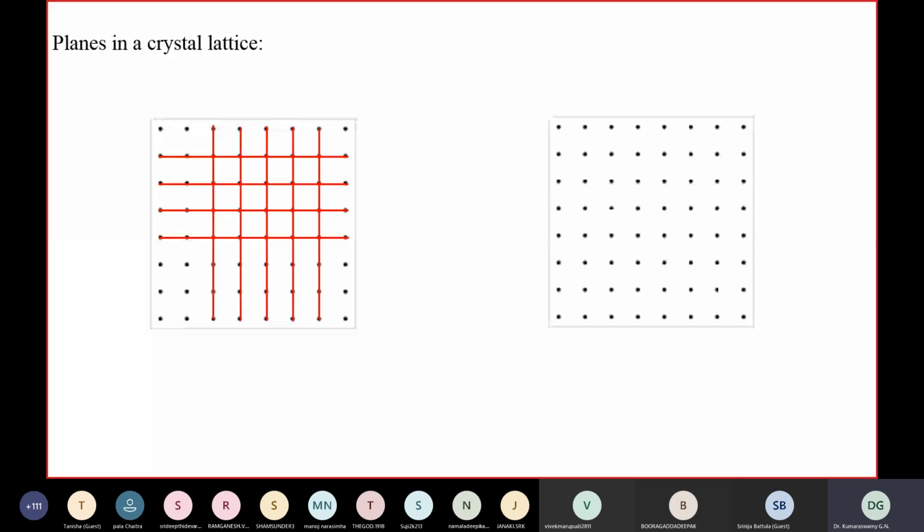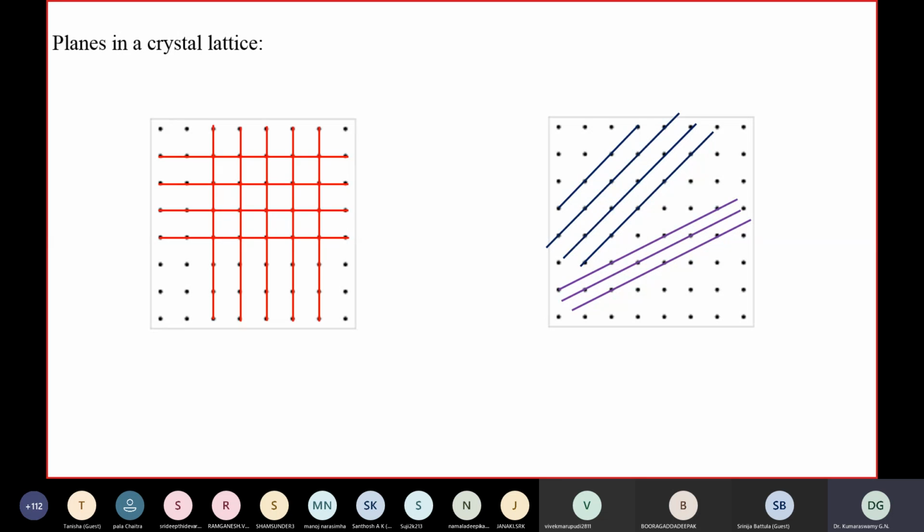So there are different ways that this lattice could be constructed using planes or lines. There are different sets of planes. It is not just one unique set of planes, right? You can choose planes differently and stack parallel planes together to get the desired crystal structure or lattice.